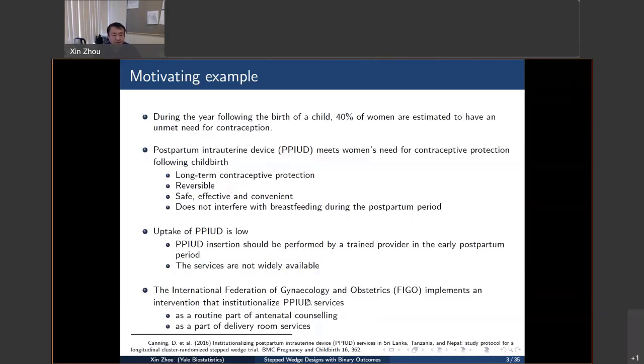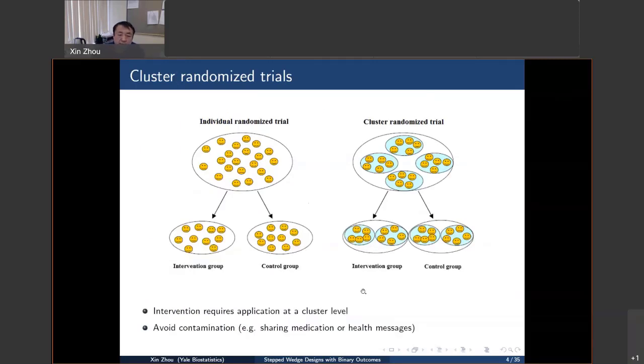Institutionalized PPIUD intervention can be used to increase the uptake of PPIUD. The new intervention is a routine part of antenatal counseling and also a part of delivery room services. We want to evaluate the performance of the new intervention. We all know that in clinical research and in the pharmaceutical industry, the gold standard is the individual randomized trial, where individual participants are randomly assigned to either the intervention arm or the control arm.